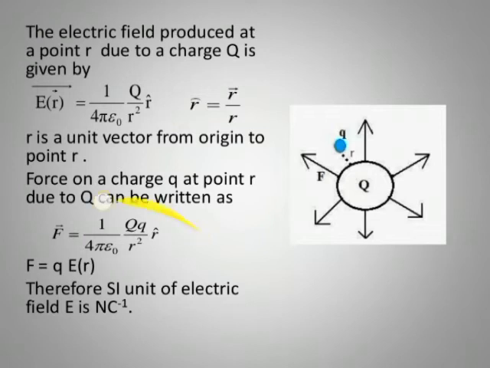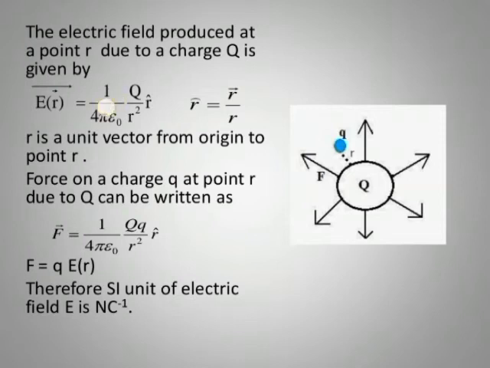Now, if I consider the force, what is the formula given? Force between two charges: 1 divided by 4 pi epsilon naught, Q q divided by r square. Now understand, F is equal to small q times, you take it aside, and if I remove this small q, you can see that 1 divided by 4 pi epsilon naught, capital Q divided by r square is nothing but your capital E, that is your electric field.